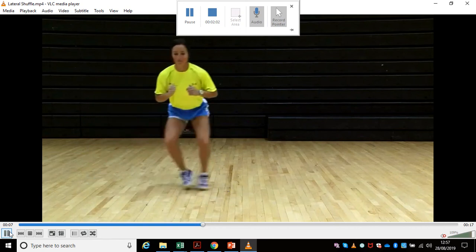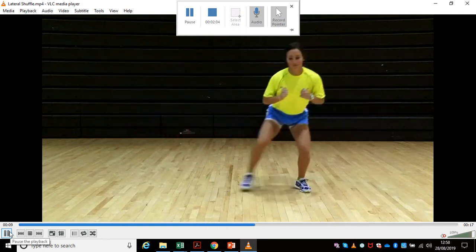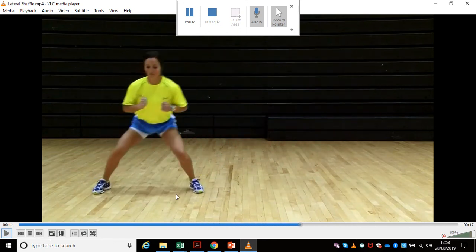Then we have the second phase, when the body is demanded to produce force with the non-leading leg. So the body is trying to push against the ground in one direction in order to be moved toward the contralateral direction.